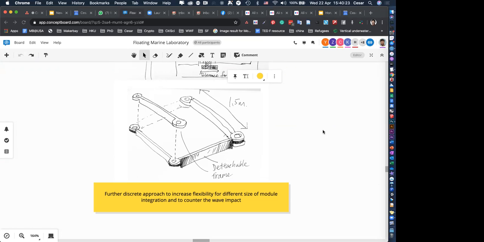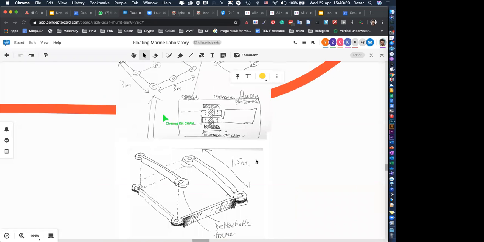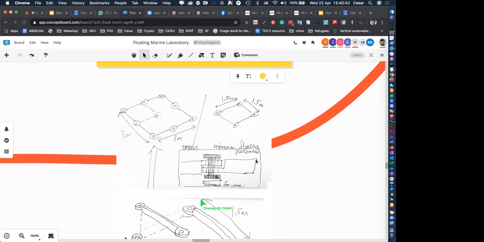One is that it's quite inflexible to the impact of the wave energy. The second problem is scalability, because it's fixed with a rigid frame. So we made it more discrete, no longer a square, but wedge-like parts that you can connect to each other.